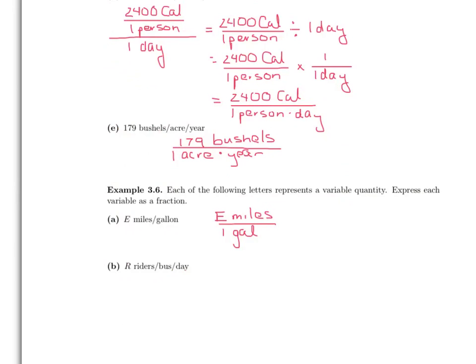So we start off by writing R riders divided by 1 bus times day. So this would be the fractional form for this quantity right here.